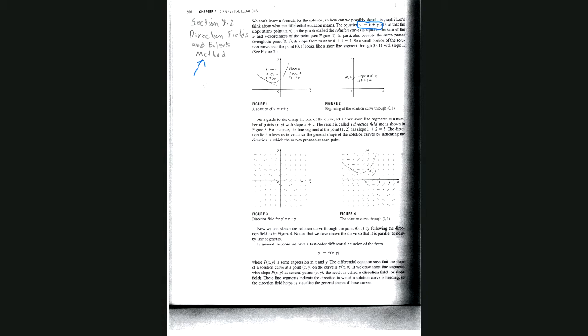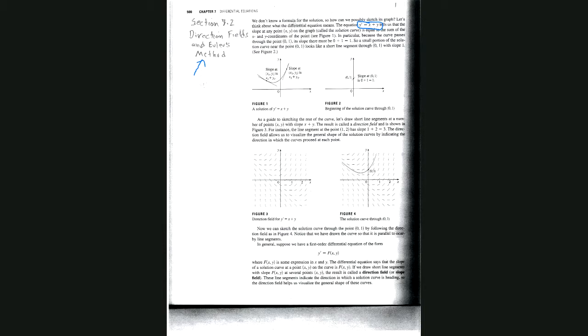So once again, being that I know what the derivative of my solution is, for whatever coordinate x, y you have, I can find the value of its derivative, and that value represents the slope of the tangent line of the solution at that point.